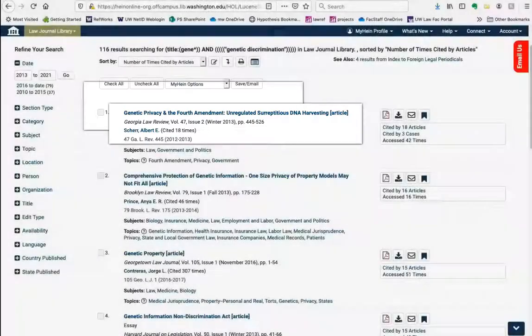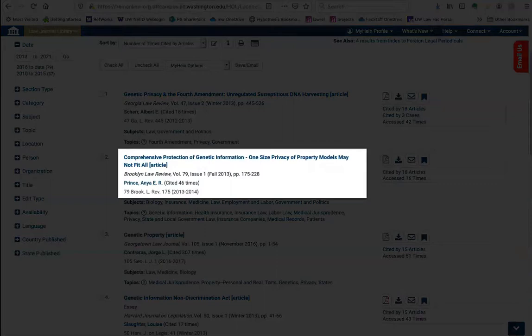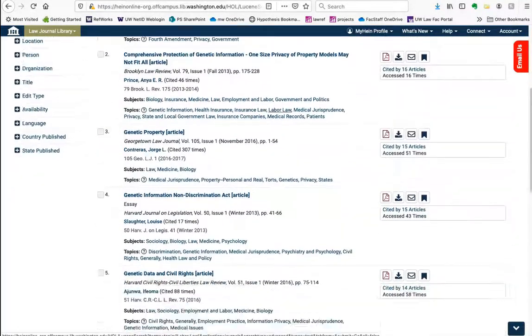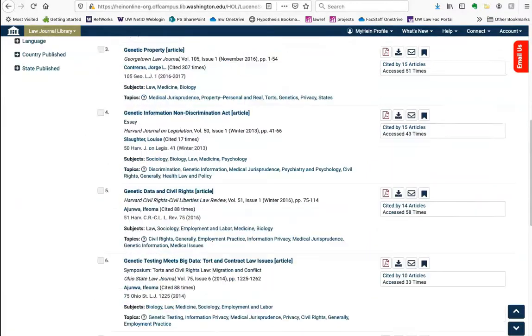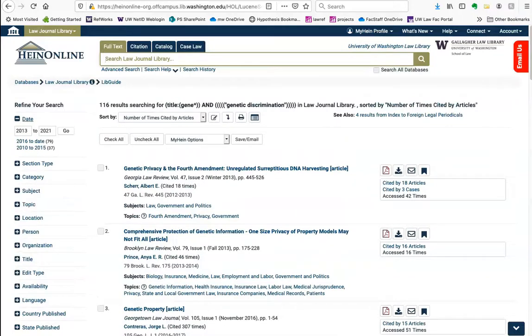We find genetic privacy in the Fourth Amendment, comprehensive protection of genetic information, one-size privacy may not fit all, and so on. So working through these, now that we're down to just 116, you can skim the titles and maybe decide on 2 or 3 that you want to start off reading.